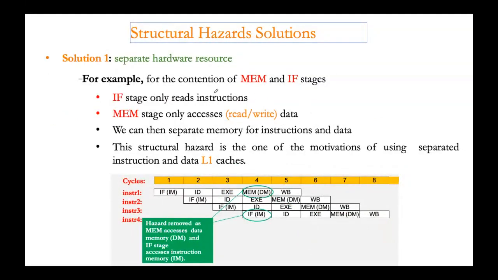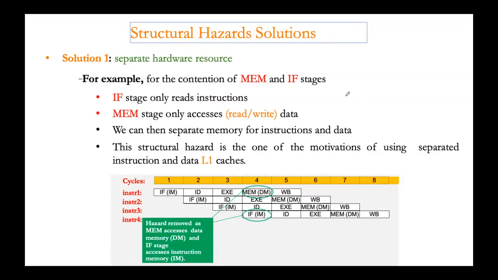So what is the solution for structural hazard? You can separate the hardware resources. So for the first one, at cycle 4, the memory is supposed to be separated.